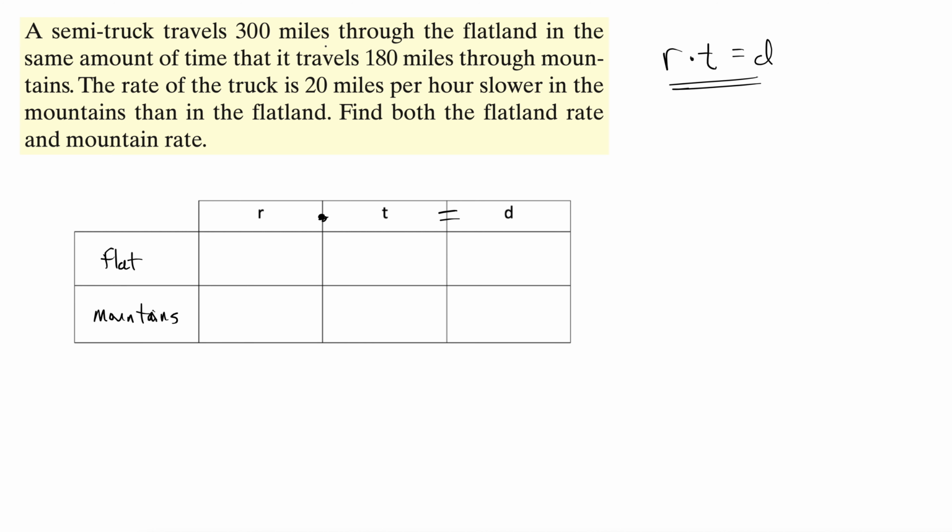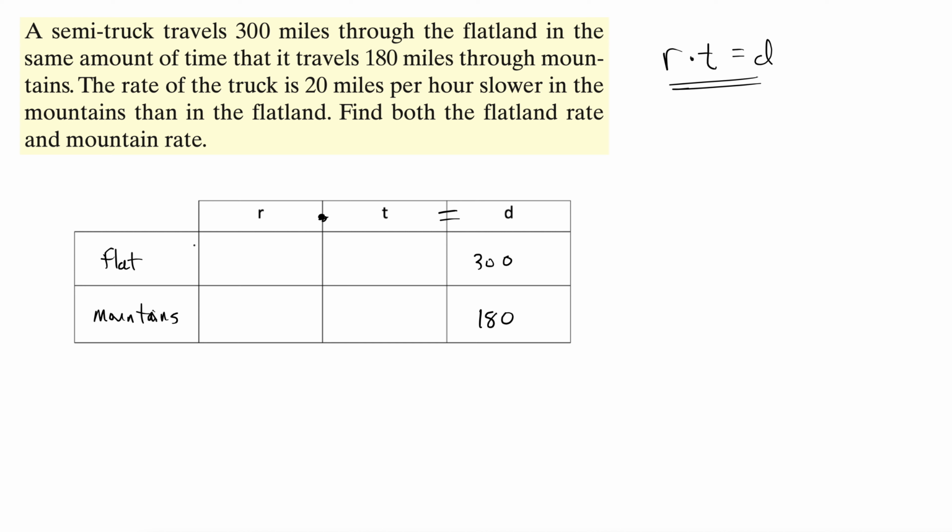So 300 miles through the flatland is the distance, 300. And 180 miles through the mountains. The rate of the truck is 20 miles per hour slower in the mountains than in the flatland, so we don't know what the rate of the truck is on either.